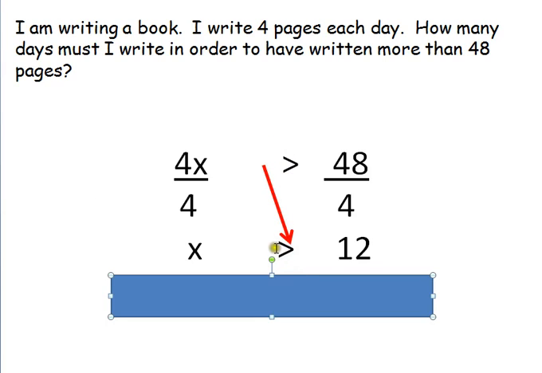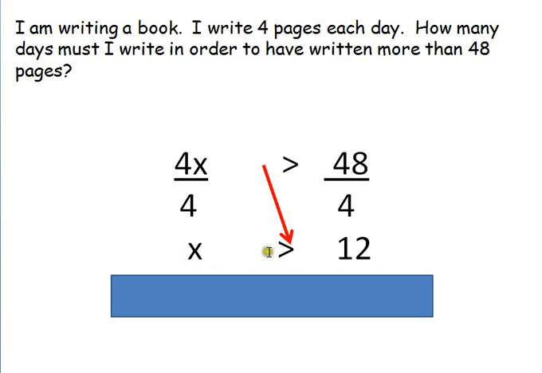Sometimes people want to change that to an equal sign and say x equals 12. It doesn't. Okay, this sign needs to stay the same. x is still greater than 12 because 48 divided by 4 is 12. Now, when you get older, you'll learn that there are certain times we have to flip this sign around. But for right now, we don't need to do that when we're only working with positive numbers.